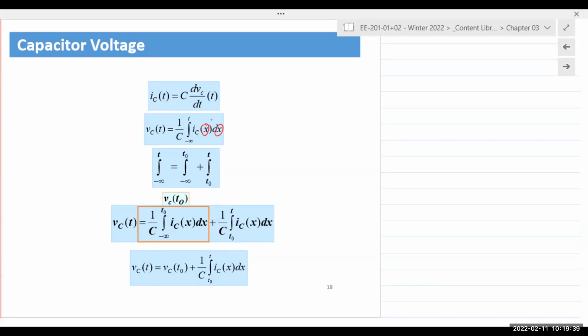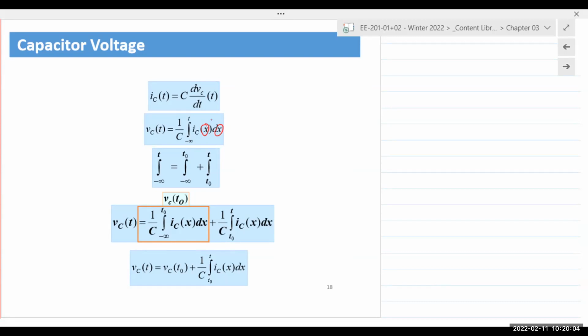And sometimes we do change the variable to either like x or y or a. More often than not, it's usually x. And so that's what I've done here. You simply change the variable to x because the limit of the integral is also t. That's the only reason. It doesn't have any other meaning beyond that.